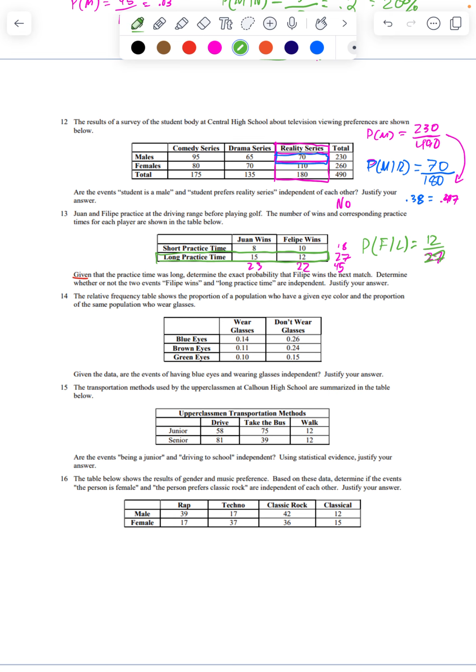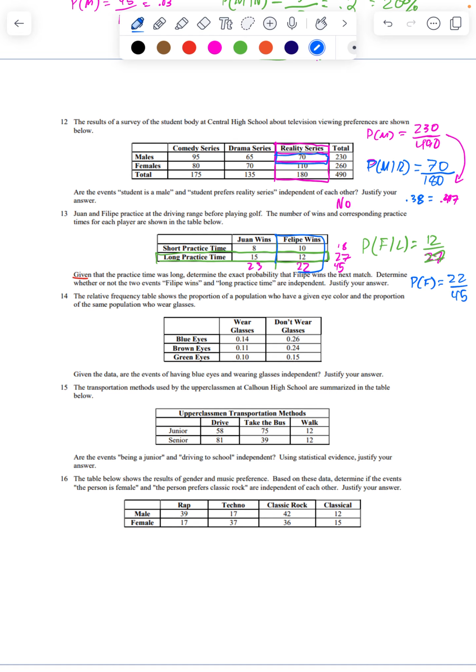All right. Determine whether or not Felipe wins and long practice times are independent. Well, let's take a look. Probability of Felipe winning is going to be 22 out of 45.